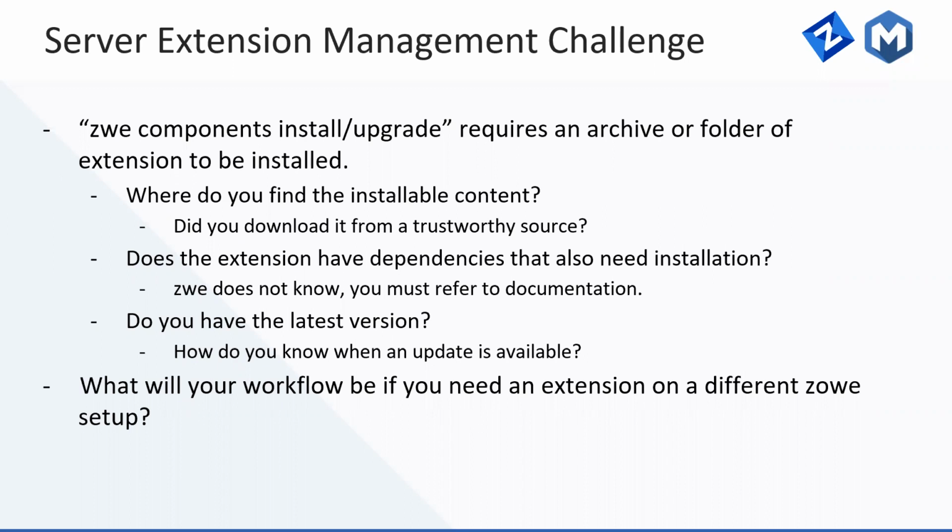So perhaps we'll have an even better solution next year in a future webinar, but we have a pretty good solution for it now, as you'll see later. The other question that we could have is, this thing that you're about to install, do you know that it's the latest version? And if there's a newer version that comes out, how will you be informed that an update is available?